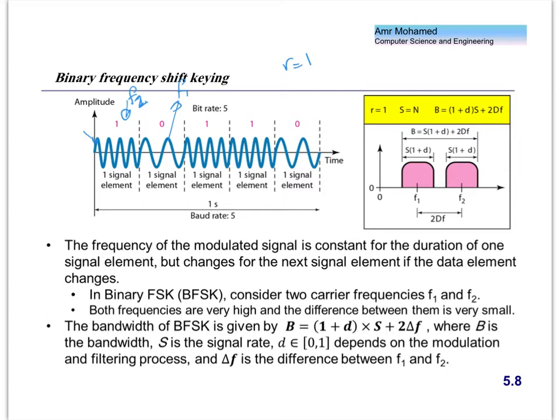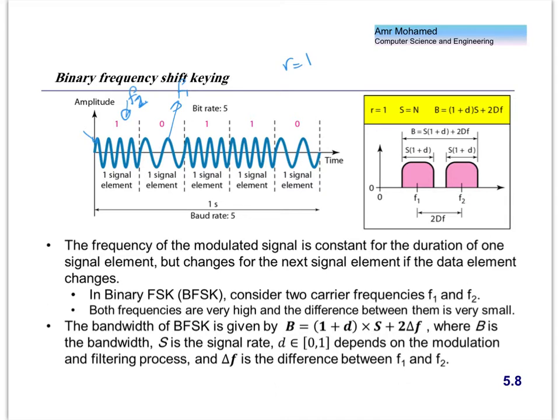And one thing to notice here is that for ASK, at the receiver side, we use the amplitude to detect whether it's 1 or 0. So we try to detect the peak amplitude of the sine wave to know whether the bit is 1 or 0.